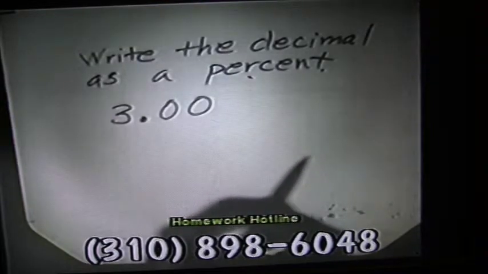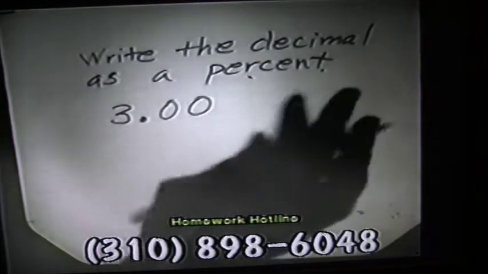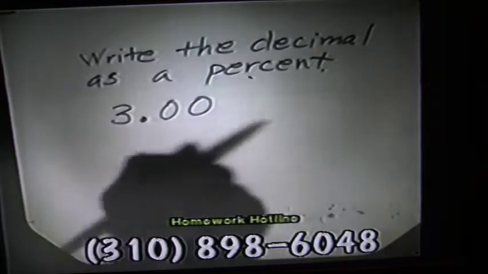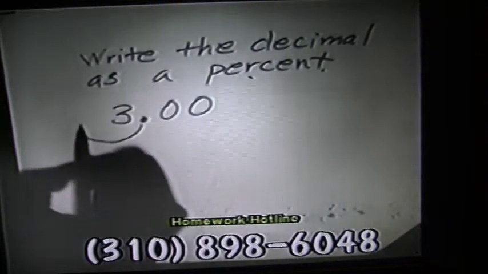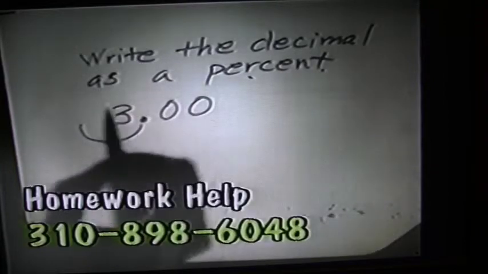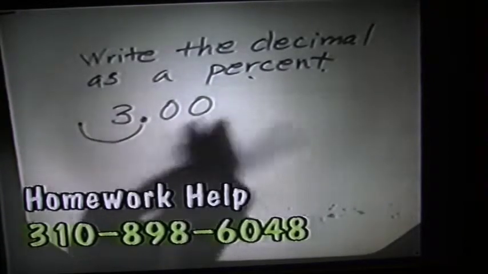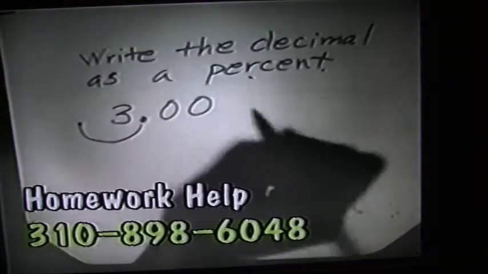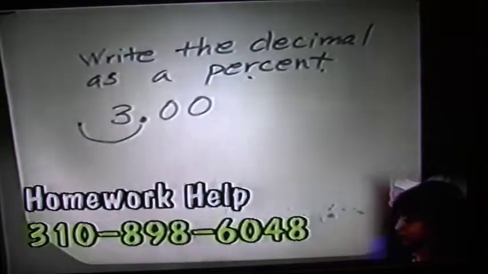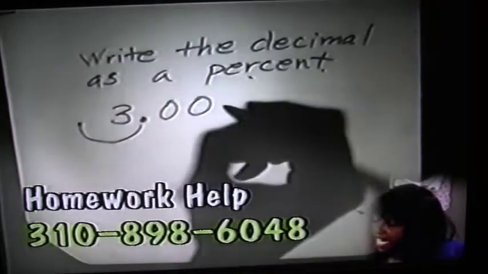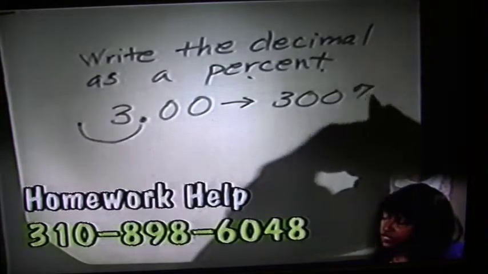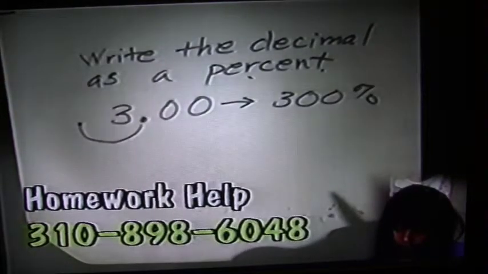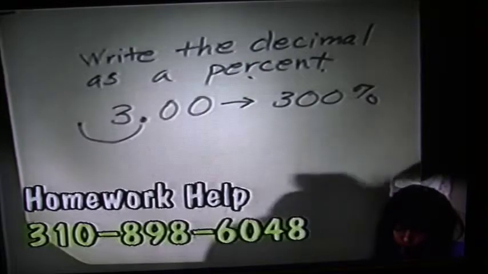Well, I didn't show you the process on the others, but what you do is move the decimal point over. You move the decimal point over, and therefore you have 300%. Move the decimal point over.